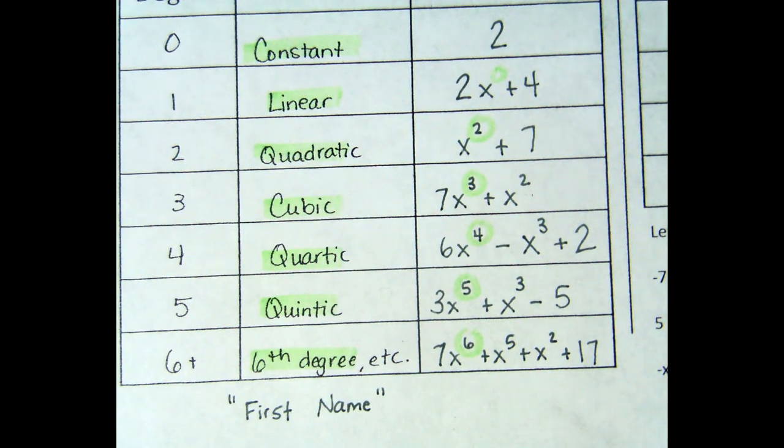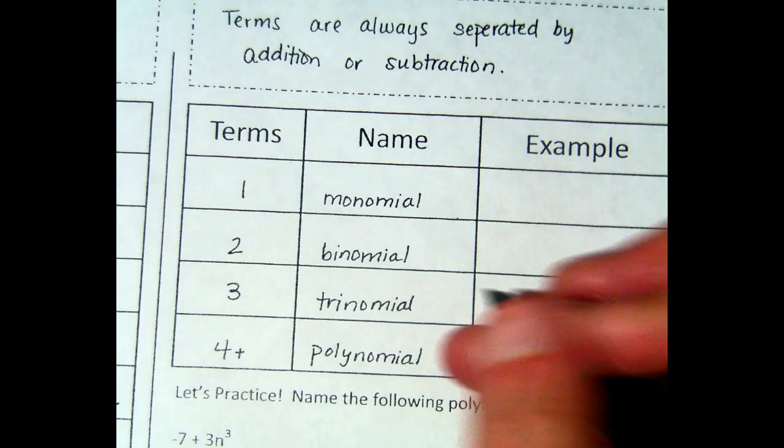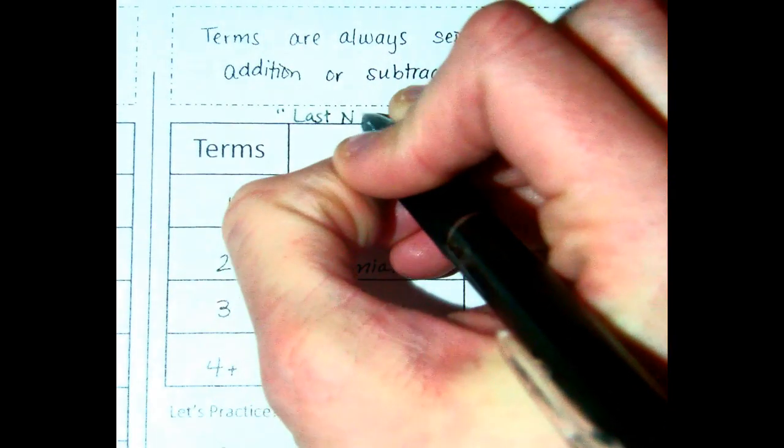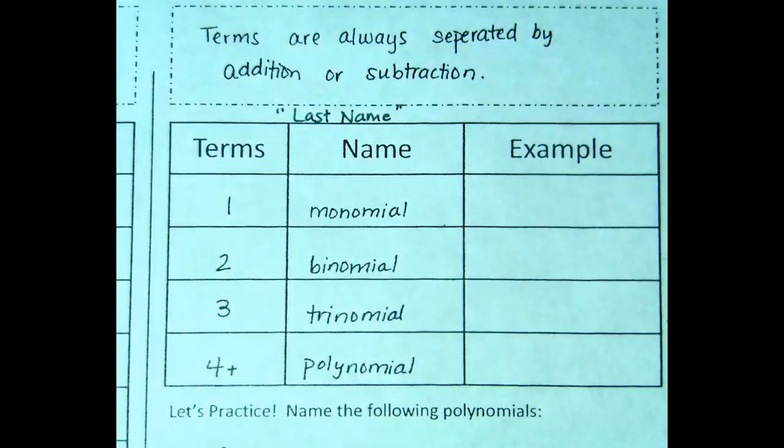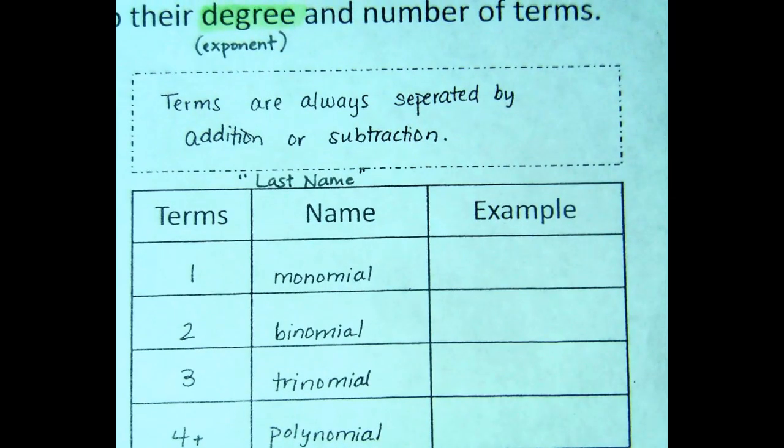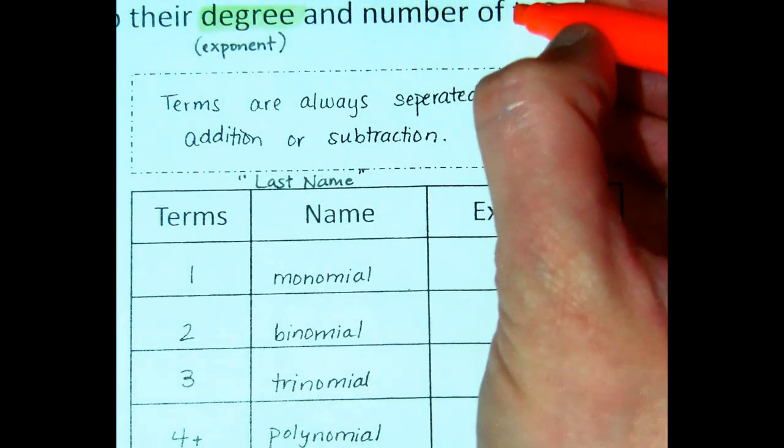No. Suzanne is not on this list, so we can't name it Suzanne. No, its first name would be Quintic. Its last name comes from this chart. We're going to highlight the term here in orange.